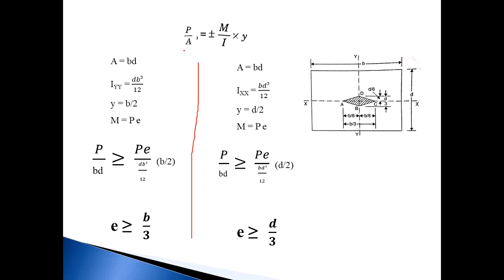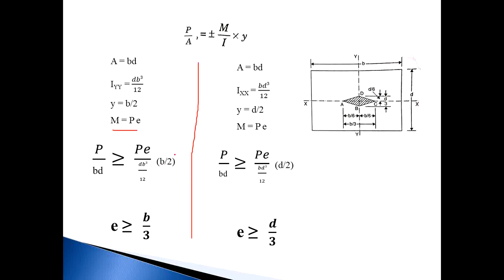Then from the previous equation, sigma 0 is equal to sigma B. Sigma 0 is P by A, and area is B into D, where P is the eccentric load, and this is equal to P into E, that is M, divided by IYY. IYY becomes D B cube by 12 and Y becomes B by 2.